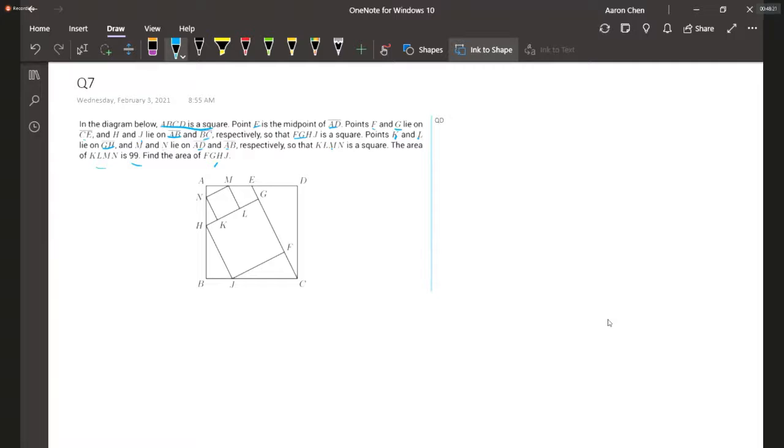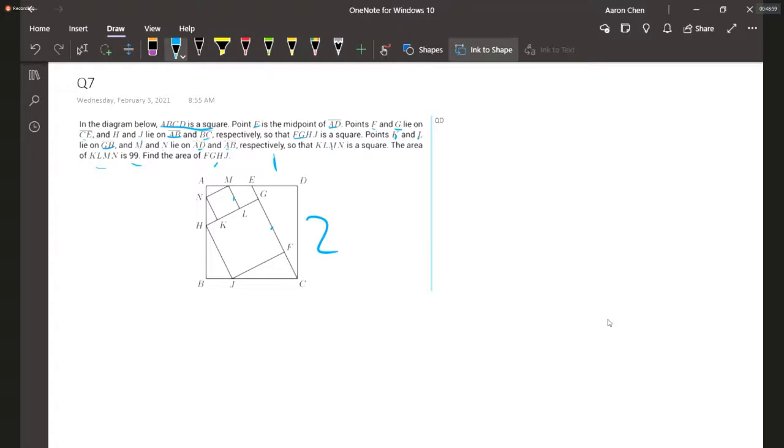So in this problem, the actual value of the area itself doesn't really matter much. The better way to do it is the ratios of the areas. So this side length is 2 and this side length is 1. Then you can calculate the ratio of these two sides, square it, and multiply it by the area of KLMN.